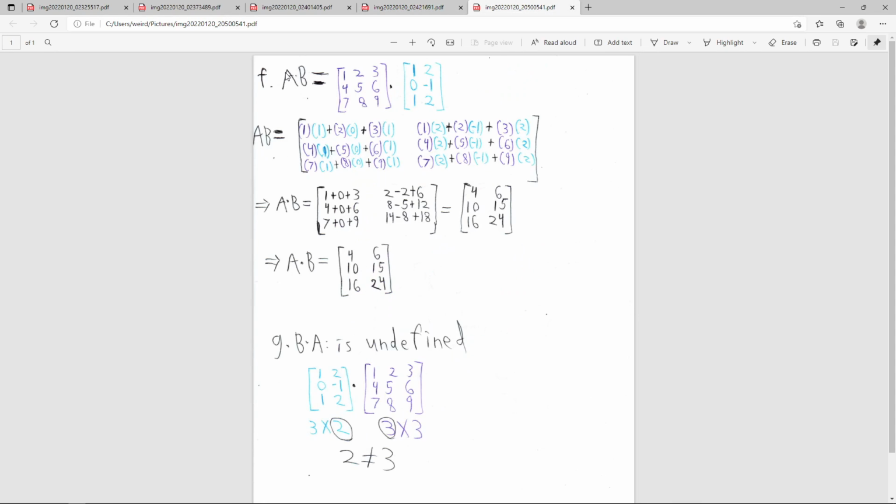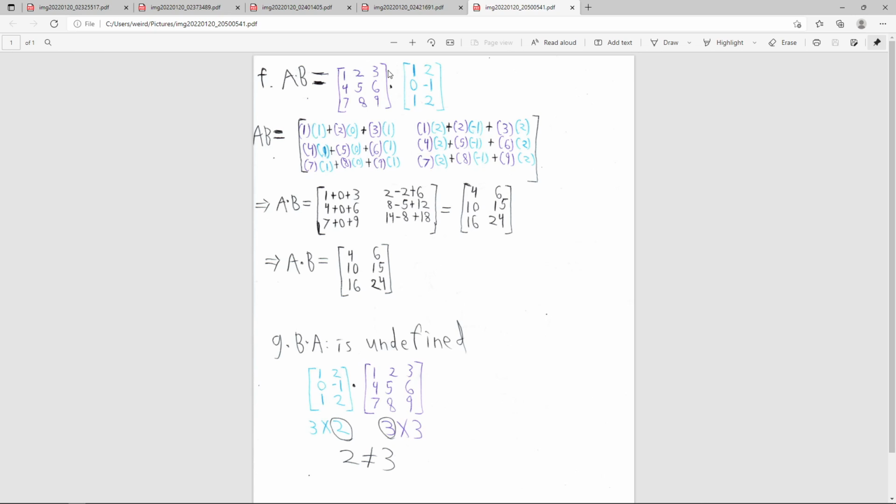So A times B, we'll do the multiplication of the matrices. As I said, mini dot products, purple and blue here. 1 times 1 plus 2 times 0. That's row 1, column 1, the first entry.